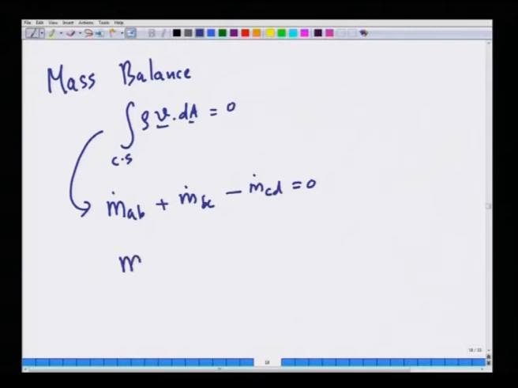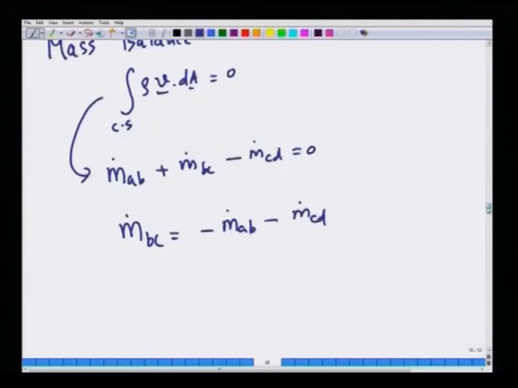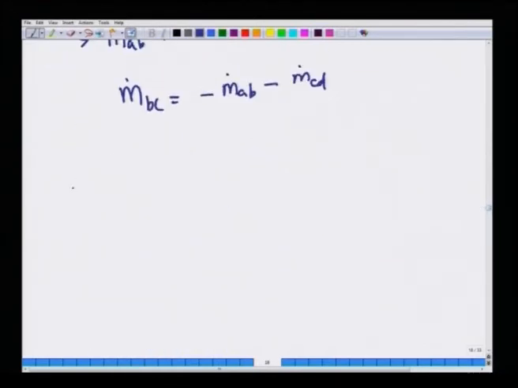So, this implies that m dot BC is nothing but minus of m dot AB minus m dot of CD, where m dot at AB is the mass that enters through this, okay, and m dot of CD is the mass that leaves through this. Okay. We have to work out the signs appropriately as we go along.